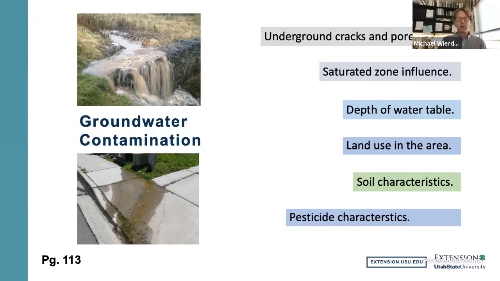The depth of the water table plays in. What kind of land use is occurring in the area can have an effect on contamination of groundwater. And then the soil characteristics, as we discussed a little bit ago, and those pesticide characteristics play into whether or not that will readily move into groundwater.